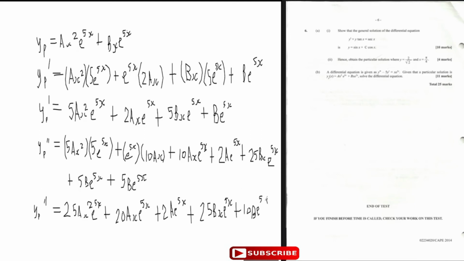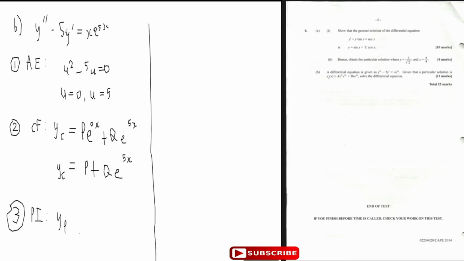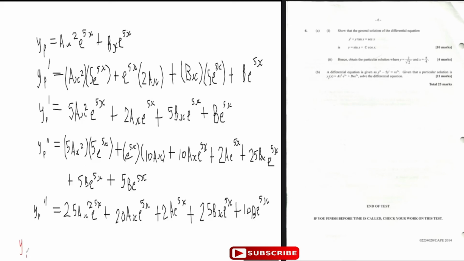Nice and easy. Now what are we going to do next? Let's look back at the question: y double prime minus 5y equals x e to the 5x. First we need to find yp double prime minus 5yp prime. I'm going to do it in another column, in green.